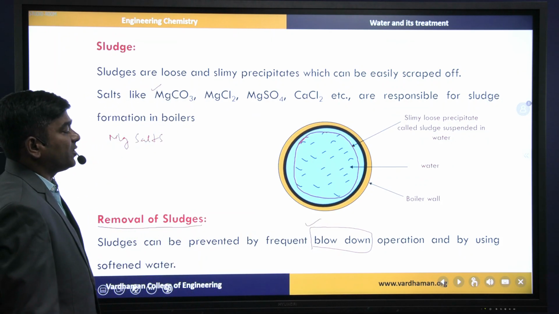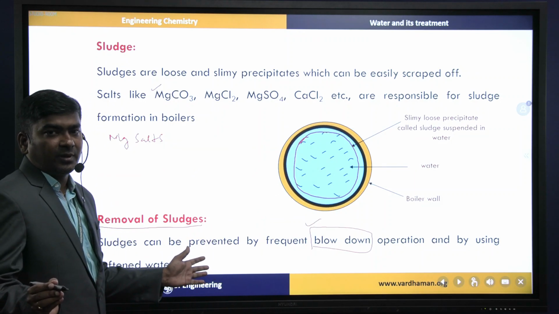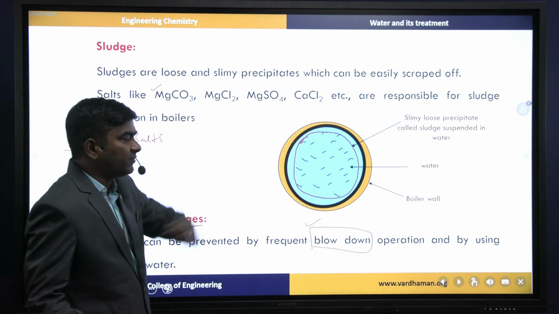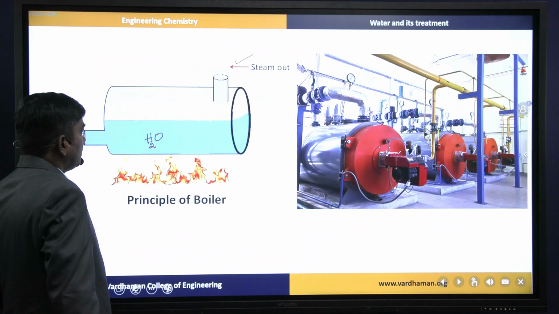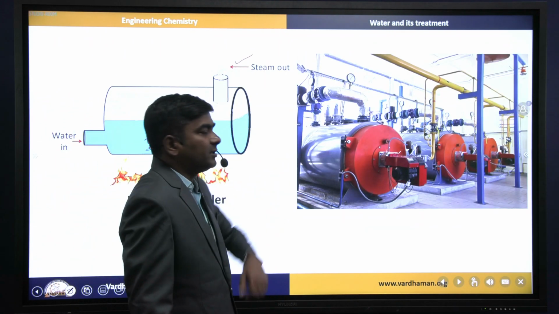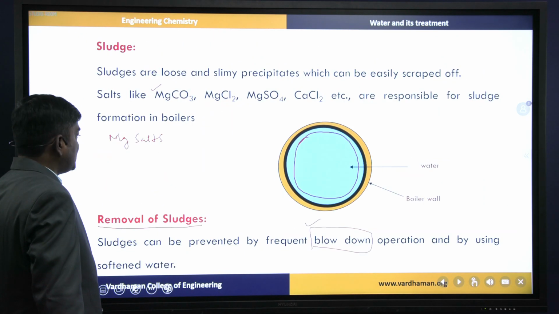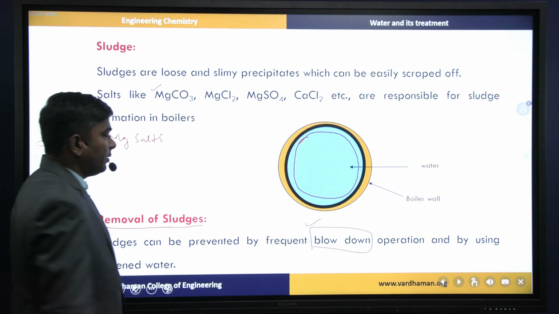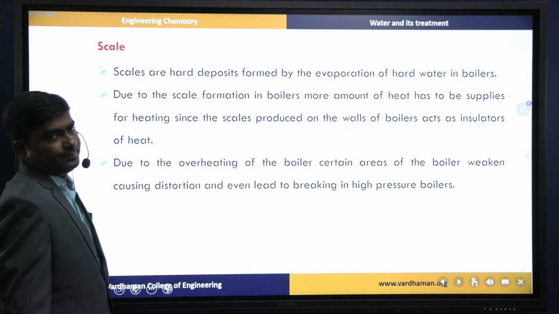Blow down operation means suddenly opening the door of the boiler. If you suddenly open the door of the boiler, whatever precipitate is there will come out. That operation is called blow down operation.